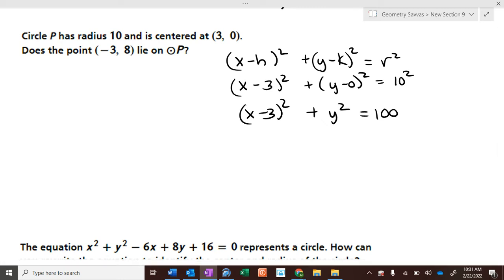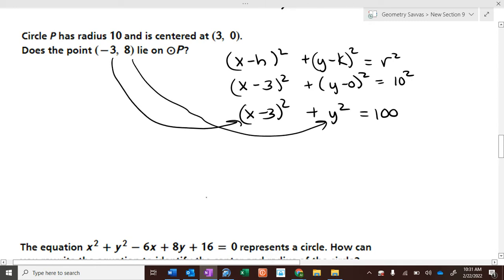All right. How do we figure out if (negative 3, 8) lies on there? How about we just plug these points in for x and y? So negative 3 minus 3 squared plus 8 squared equals 100.